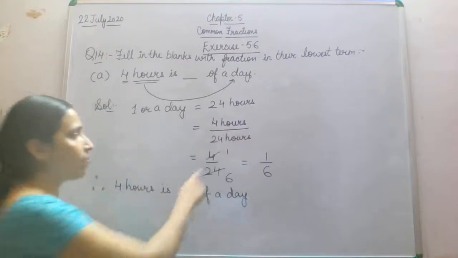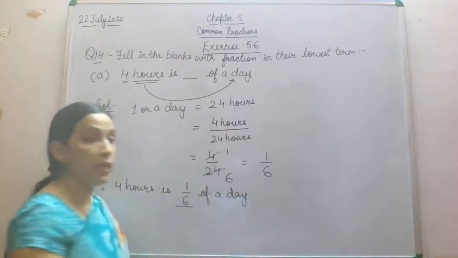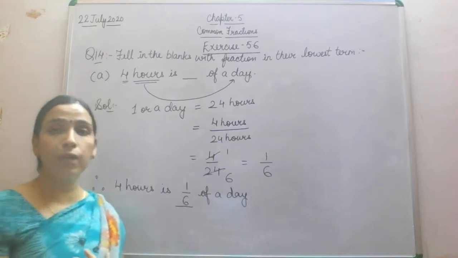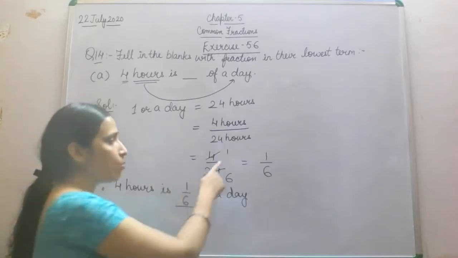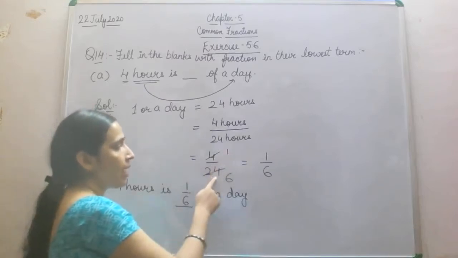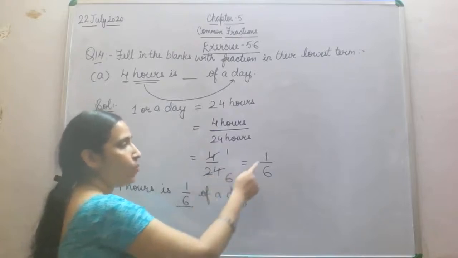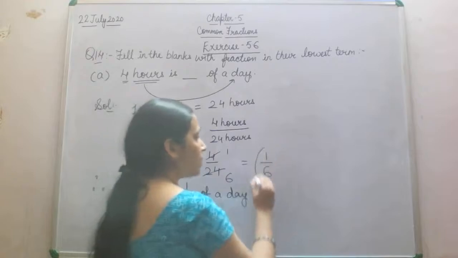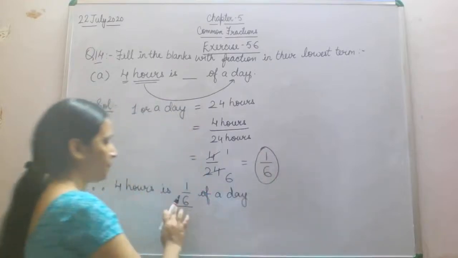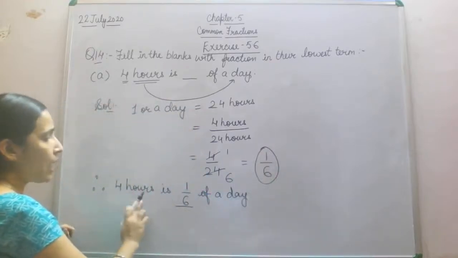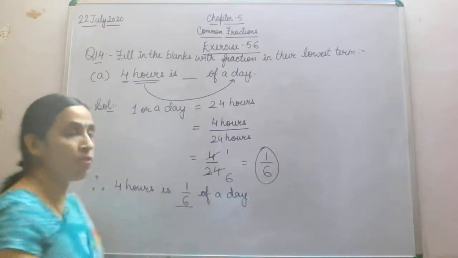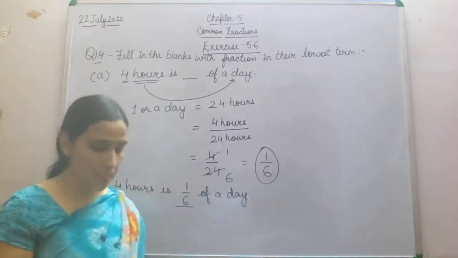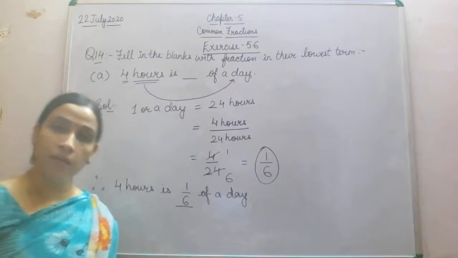Then we will write 4 by 24, and then we have to see if we have any common factor. We will reduce it here. 4 ones are 4 and 4 sixes are 24. We will get 1 by 6. This fraction is what comes in this blank. Therefore, 4 hours is 1 by 6 of a day.